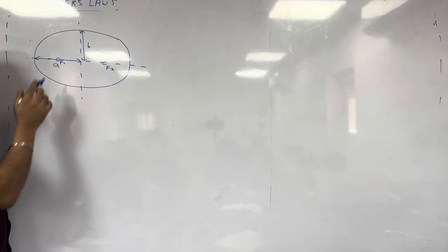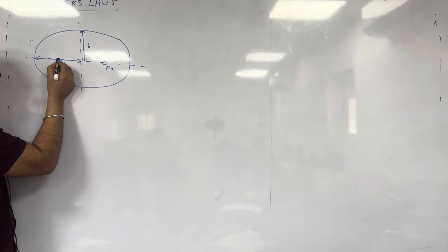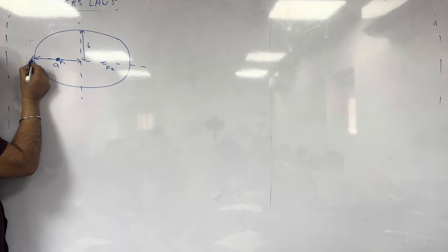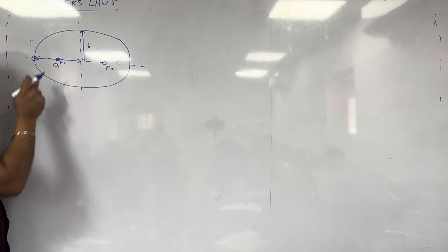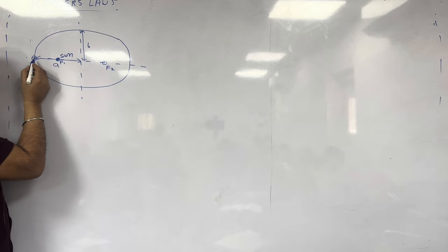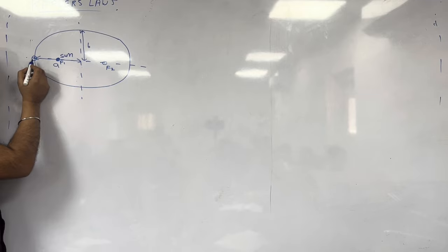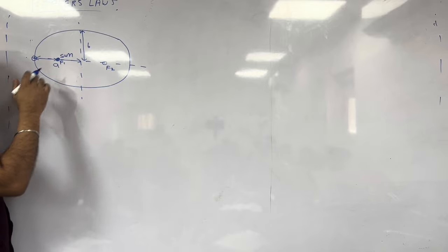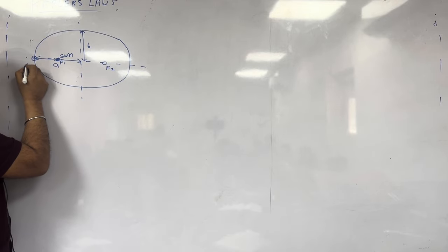Suppose the sun is here. During its revolution, the minimum distance of the planet from the sun is known as the perigee distance, or this point you can call perigee.